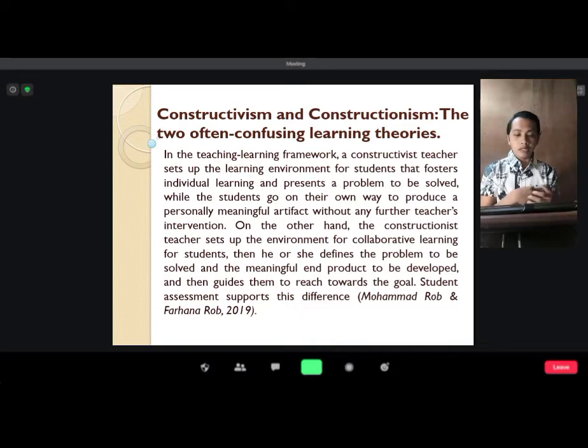For example, after reading certain books or novels, or watching stories, you have to construct ideas based on what you have read or watched. While under the constructionist learning theory, the students learn when they participate in certain learning activities.